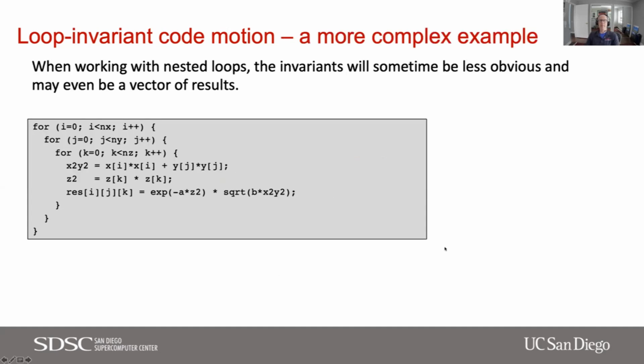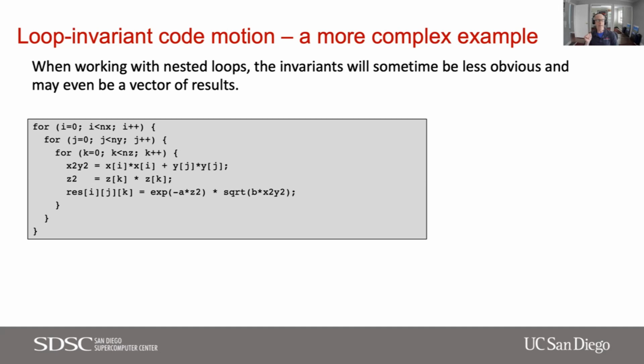But sometimes when we're working with nested loops, these invariants are going to be less obvious and may even be vectors. So this is actually taken from a real life code, modified for the presentation. This was the collaboration described earlier with the San Diego Zoo and the US Geological Survey.